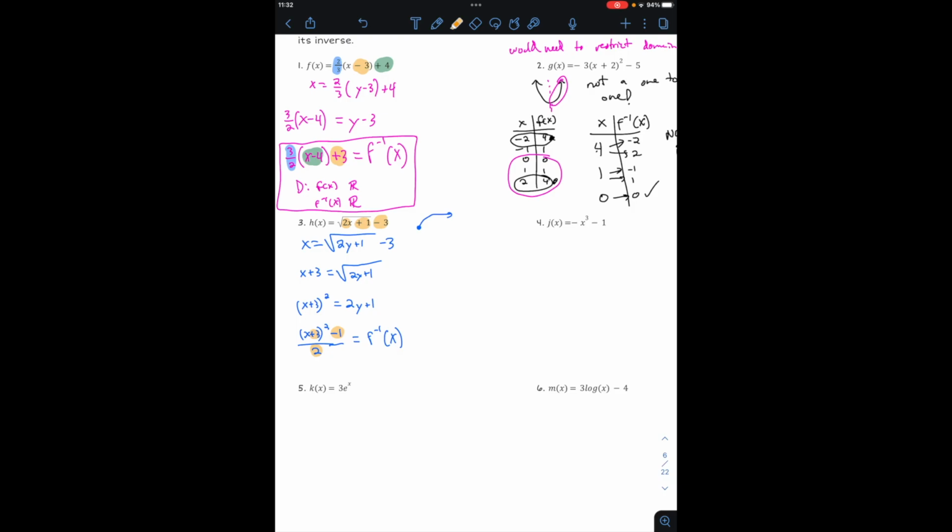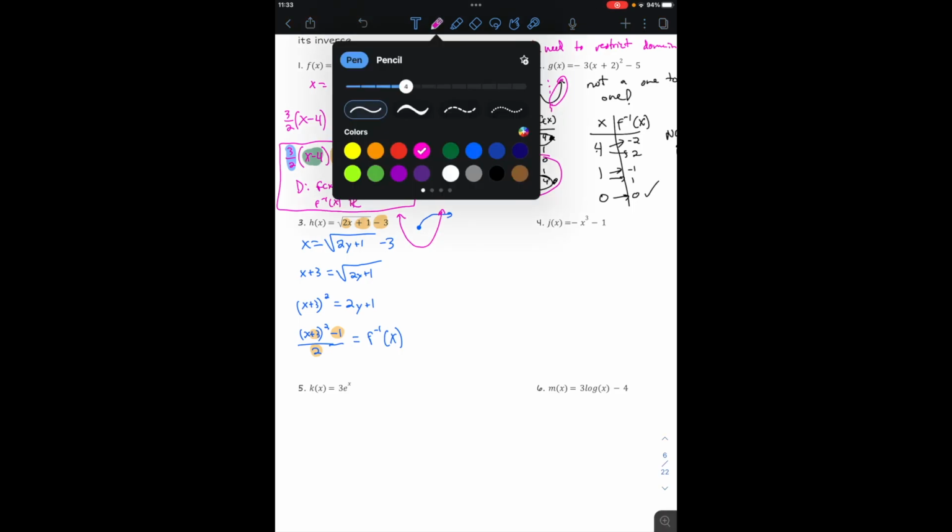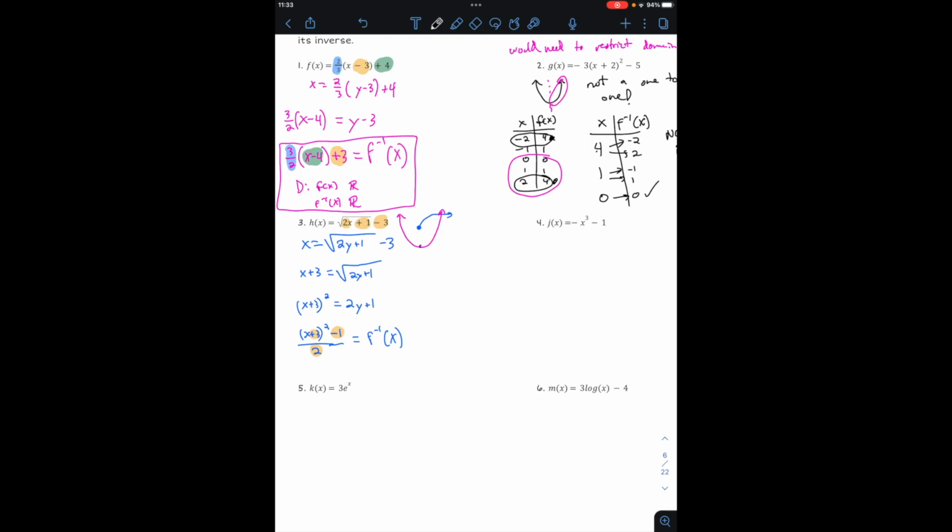But this is currently describing a parabola that would look a little something like this, and I don't know exactly where it is. And you can kind of see those realistically aren't inverses of each other. We need to cut our parabola and actually only take this half of it, because those will be the inverse parts. And so we're going to restrict the domain of our parabola to only be the positive side.